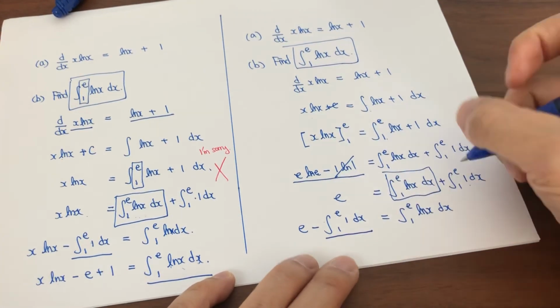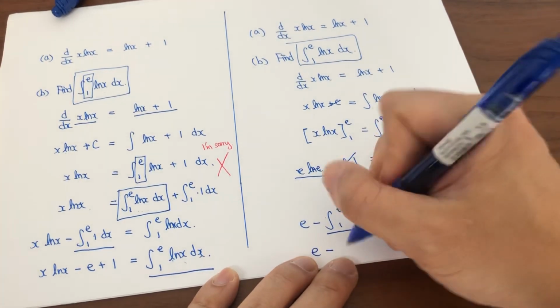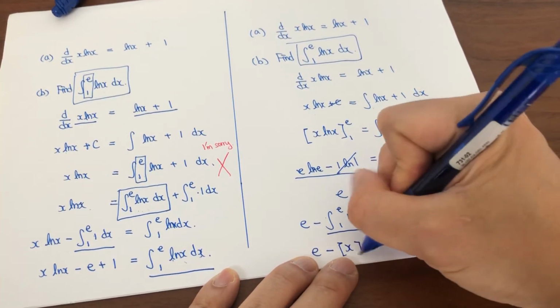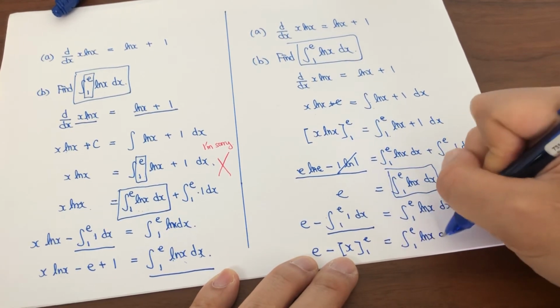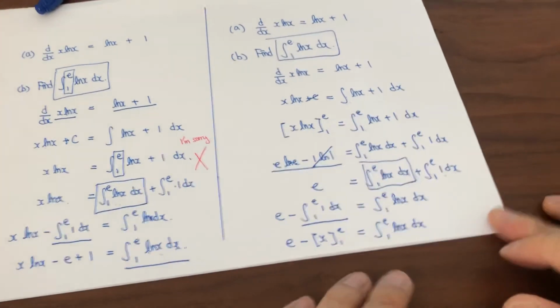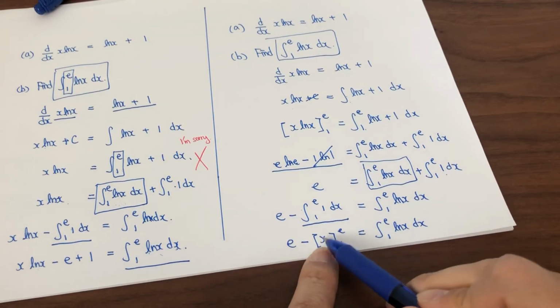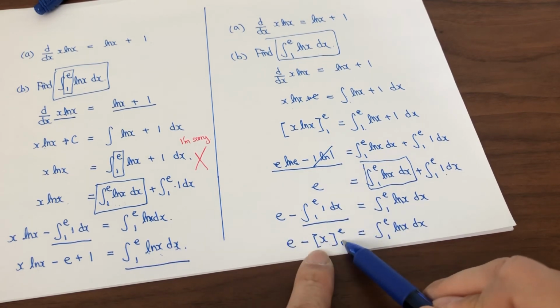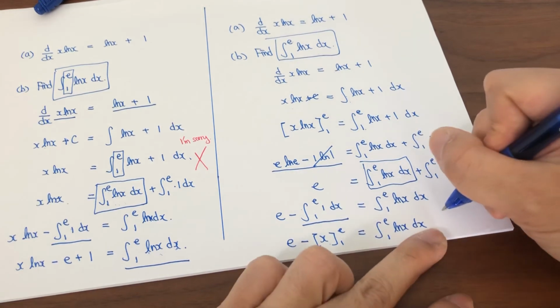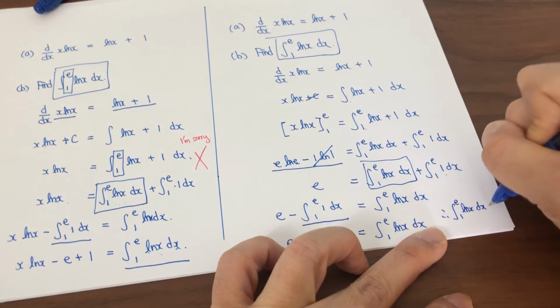And here, it becomes x from 1 to e. So this part, we put e in minus what we get when we put 1 in, so it should be e minus 1. e minus the bracket e minus 1 will become just 1. And therefore, the integral from 1 to e of log x dx becomes 1.